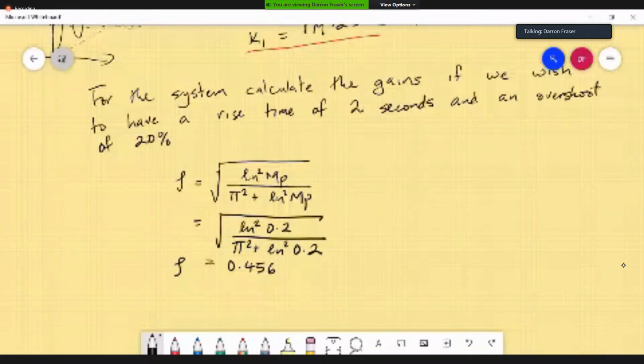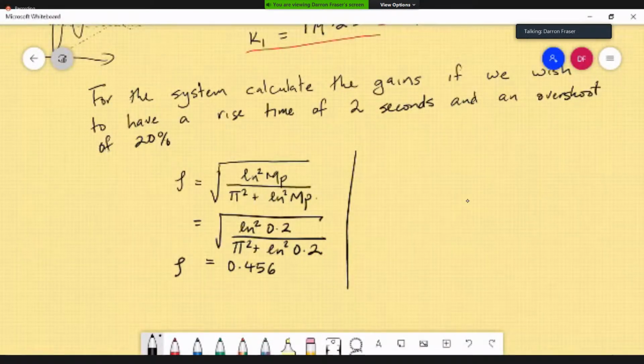All right, so now for rise time. We're going to have to use a little bit of the trigonometry we already learned.